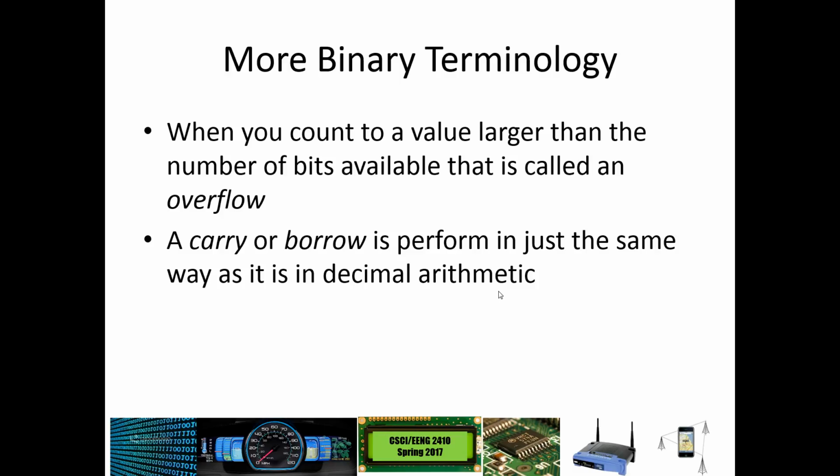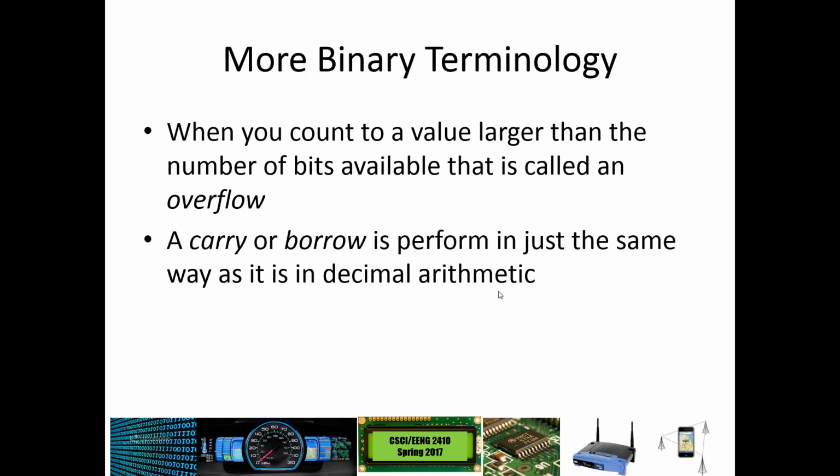And so if you have a value, let's say you have 8 bits. Well, with 8 bits in unsigned binary, you can only represent between 0 and 255. If you were to add 1 to that, you would have the value 256 in decimal, and we cannot represent that with simply 8 bits. And so an overflow indicates that you have a value that is bigger than you can hold.